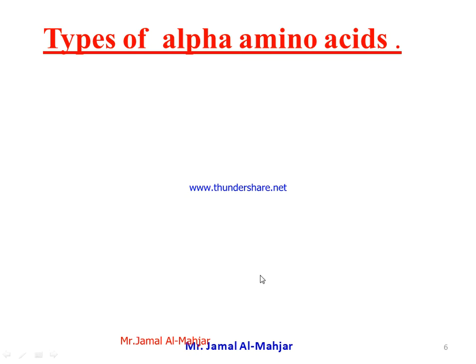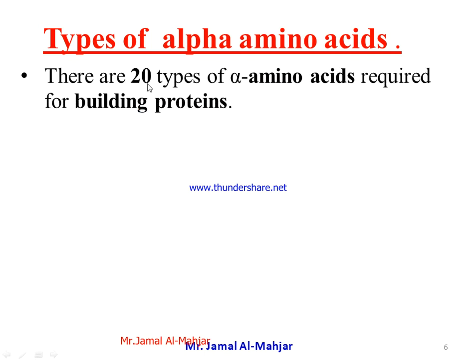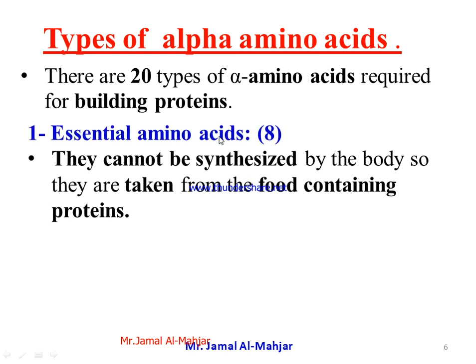Now, how many types of alpha amino acids are in your body? We have 20 types of alpha amino acids required for building proteins. They can be classified into two parts. The first one, we call them essential amino acids, and we have 8 from these 20 types.